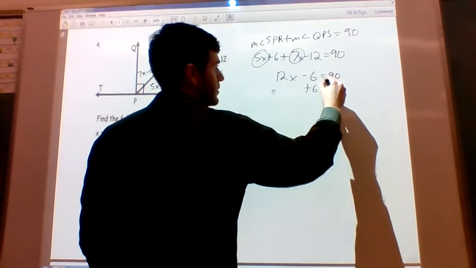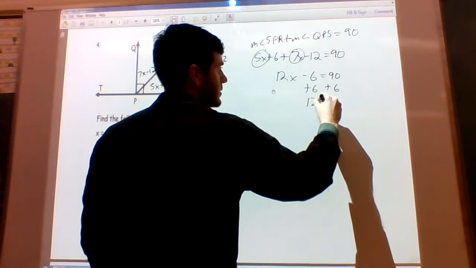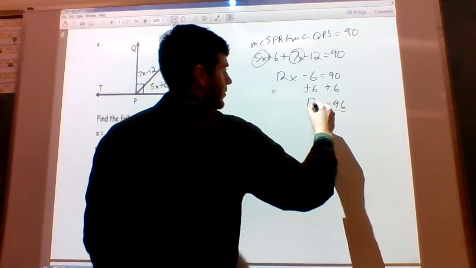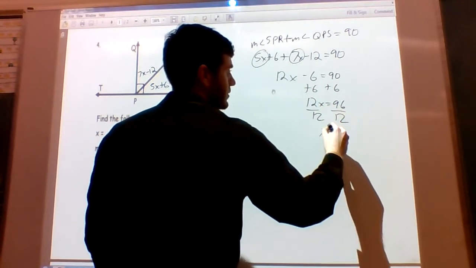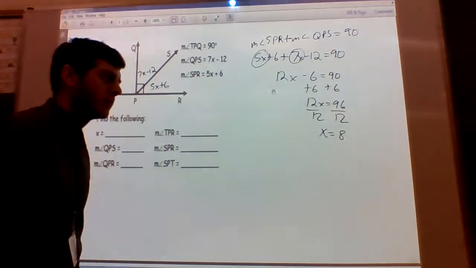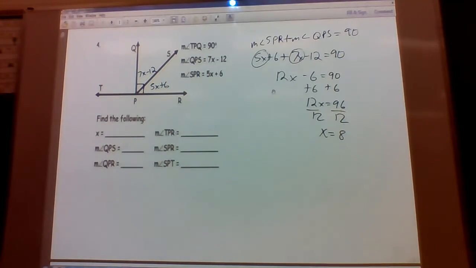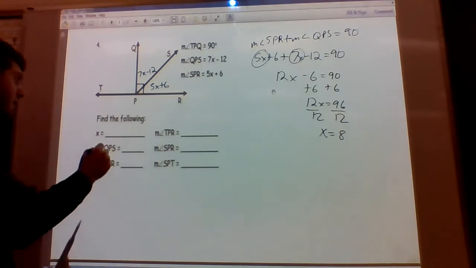Add 6 to both sides. 12x is 96. Divided by 12, x is going to equal 8. 48 divided by 12 is 4, so you just double that, and it's going to be 8. Or you do it in the calculator. Either way, we're going to get 8. So that's our first blank.